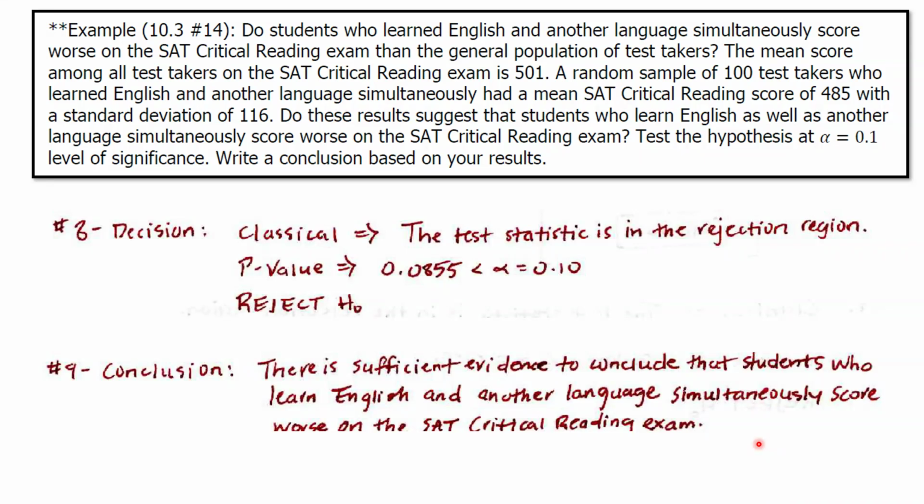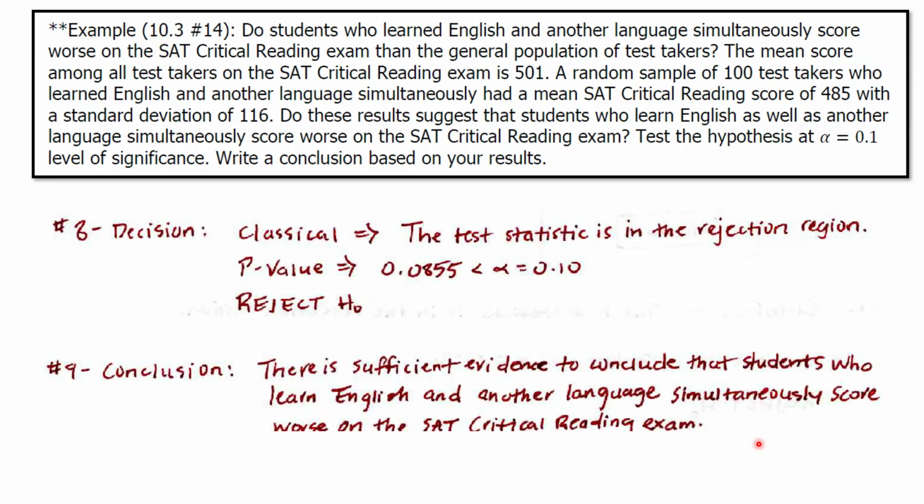So in our testing, the verdict was yes, at the alpha equals 0.1 level, this is statistically significant. The p-value of 0.0855 is less than 0.1, so we have evidence that bilingual students score lower.